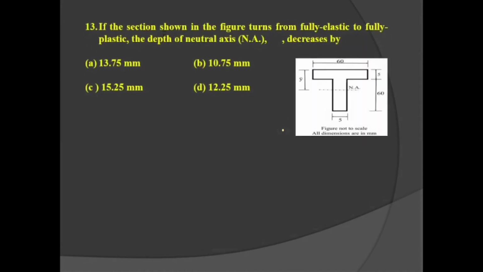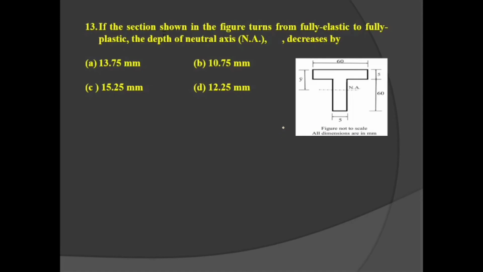13th question. In the section shown in the figure, as it turns from fully elastic to fully plastic, the depth of the neutral axis decreases by how much? Initially we have to calculate y bar for the fully elastic case.